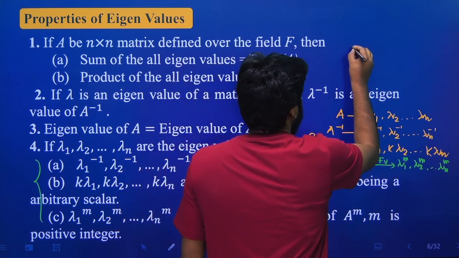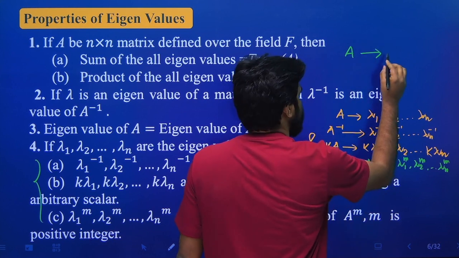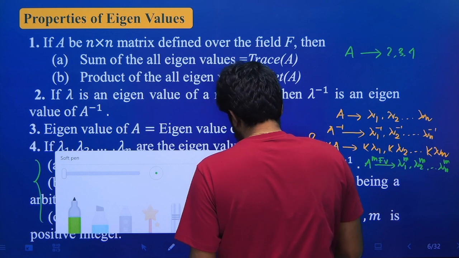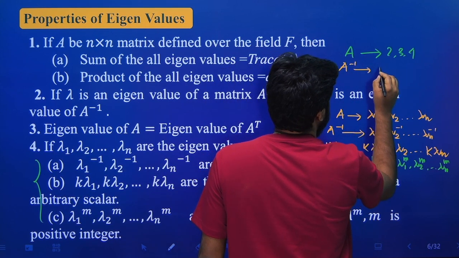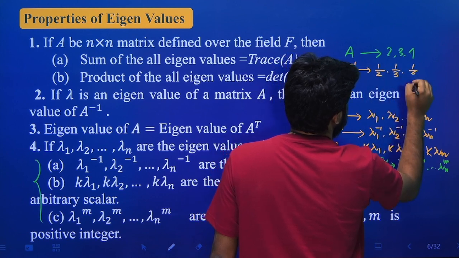For example, suppose A is a matrix whose eigenvalues are 2, 3, 4, then A inverse's eigenvalues will be 2 inverse that is 1 by 2, 3 inverse that is 1 by 3, 4 inverse that is 1 by 4.